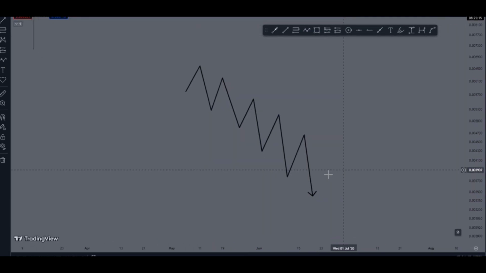So right now, if you have the knowledge of the demand zone, just try to flip it. Here is the break of structure.